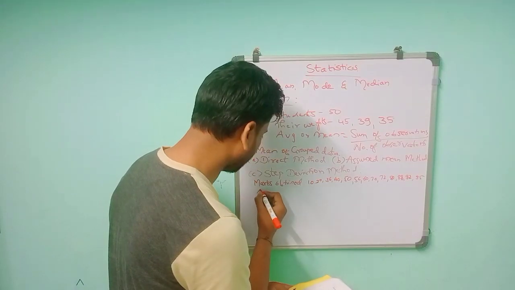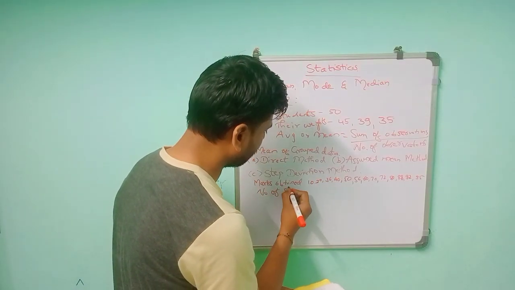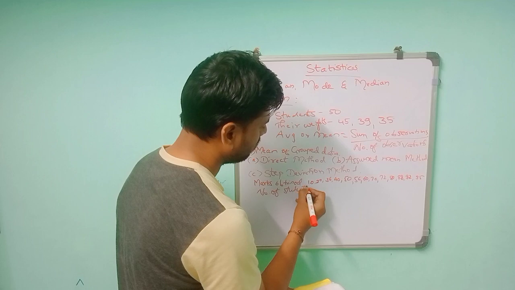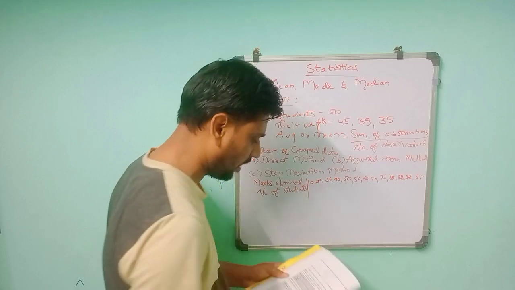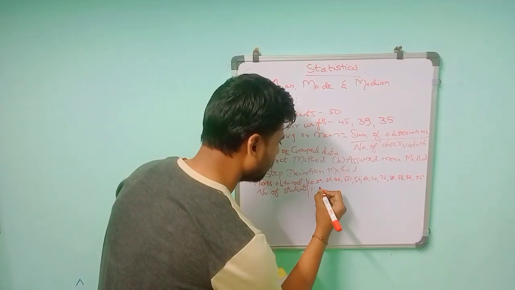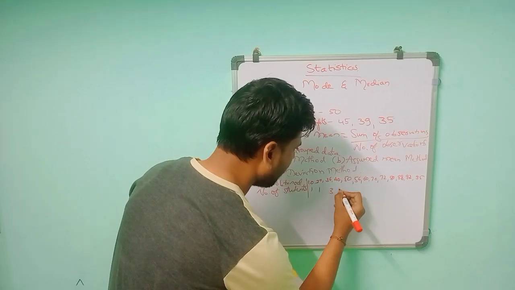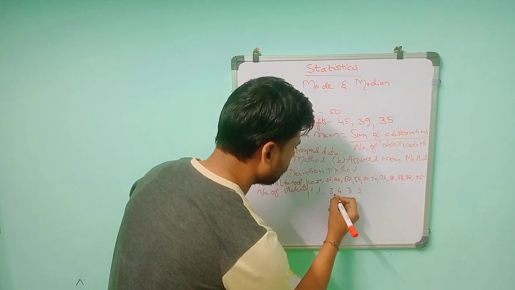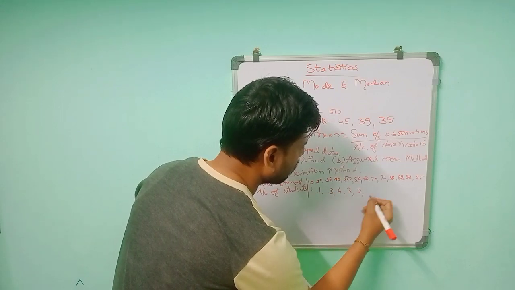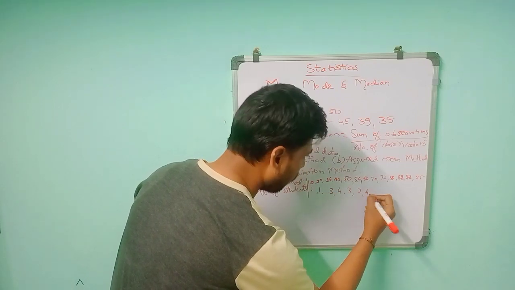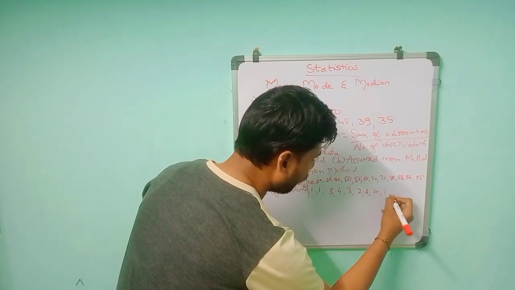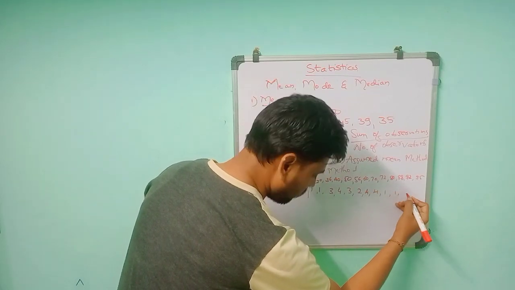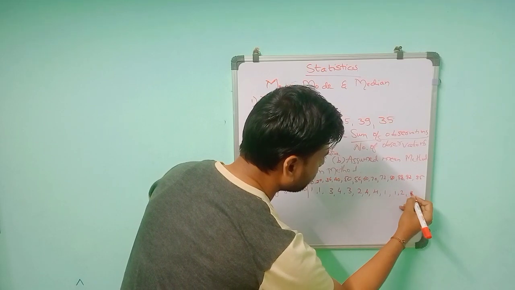The number of students given is 1, 1, 3, 4, 3, 2, 4, 4, 1, 1, 2, 3, 1.